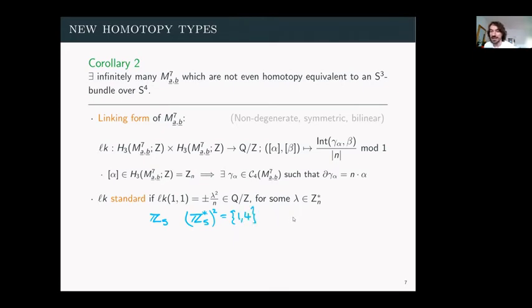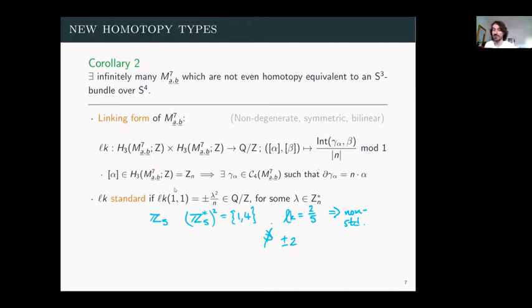But if your linking form of 1, 1 were equal to 2 over 5, mod 1, this means that it's non-standard, because plus or minus 2 is not in here. So neither 2 nor 3 are squares of multiplicative units. This is what we're thinking about with standard, in the sense of standard.